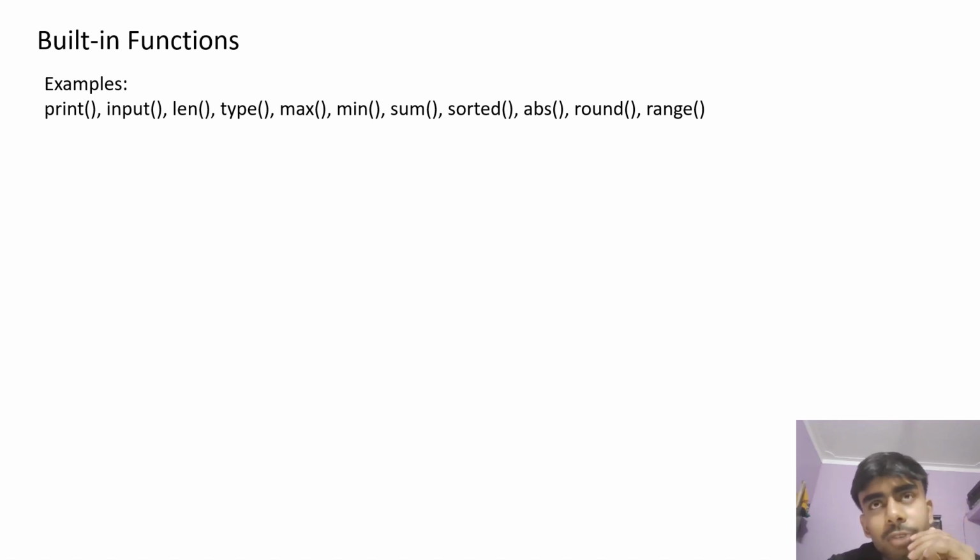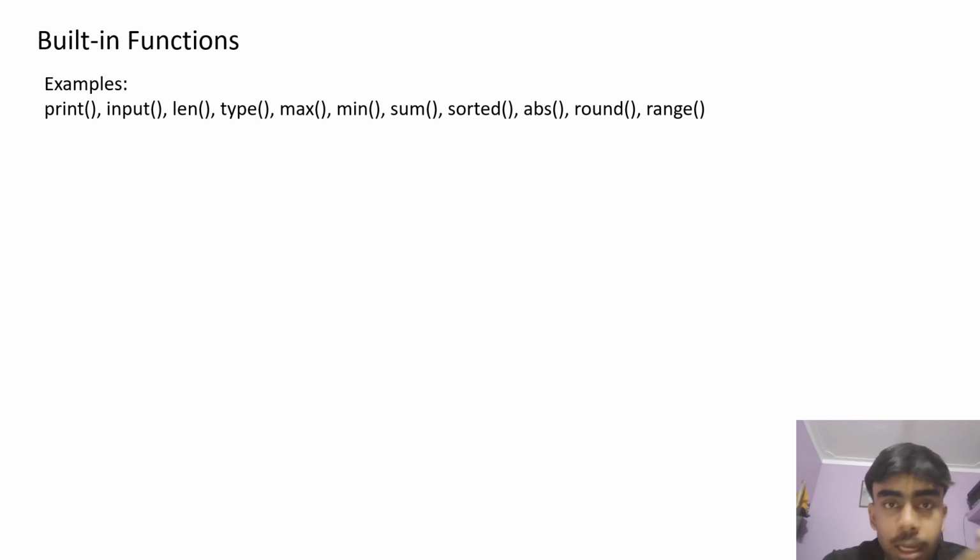A built-in function is already defined in Python, and each is tasked to do that specific work only. If you want to print something, like your hello world, here is your built-in function.